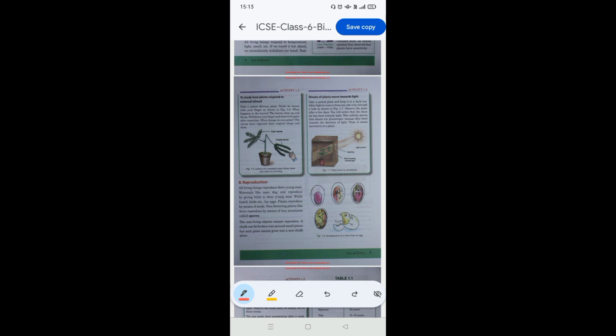Whereas in case of non living things, for example, if we take a chalk and break it into pieces, those pieces cannot grow into separate individuals, right? Whereas in case of human beings, plants or animals, it is not like that.